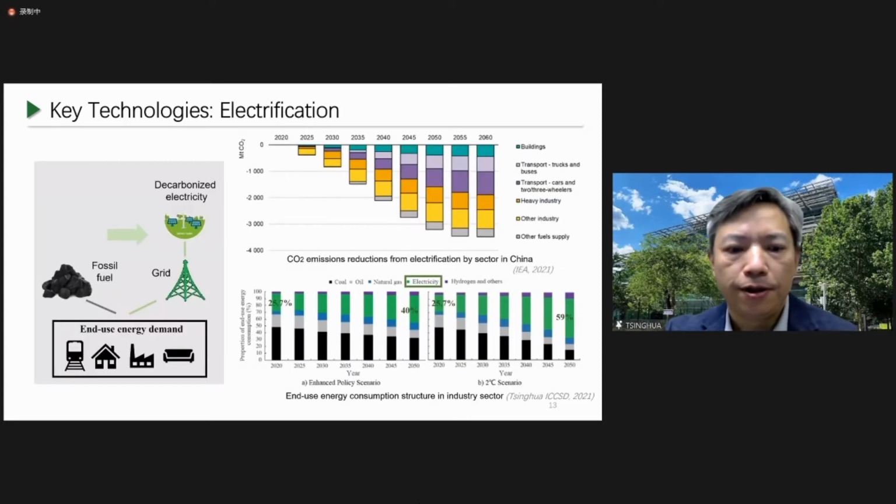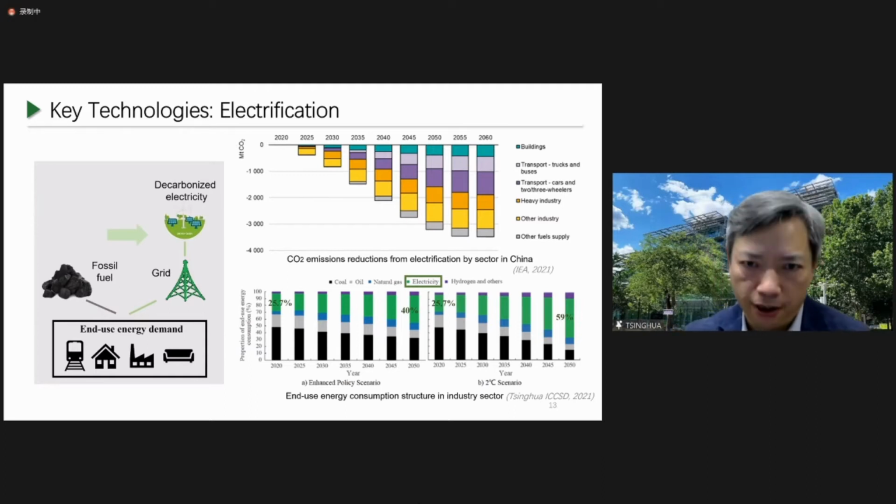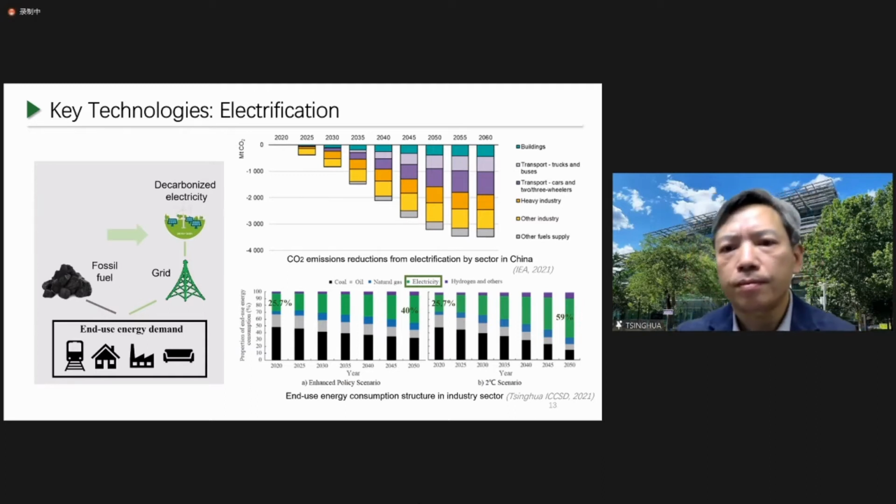So let's firstly have a look at the technology of electrification. As we know, electrification is the replacement of fossil fuel use in energy consumption by zero carbon electricity as expected.